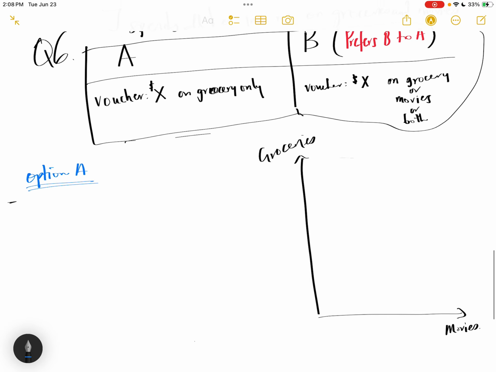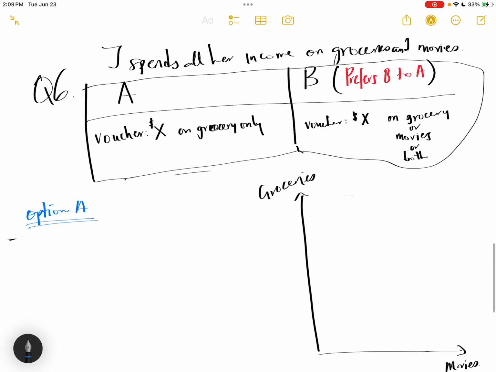What is the maximum groceries that this consumer can buy if they bought no movies? Remember, the consumer has all her income, and under option A, she gets an additional voucher, some cash to spend on only groceries, right?